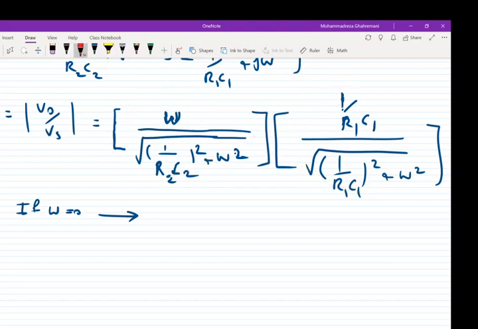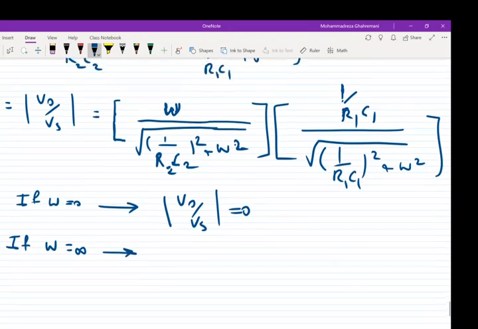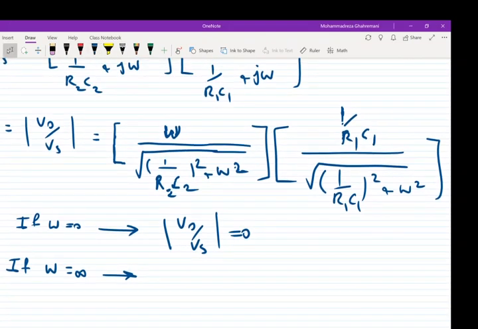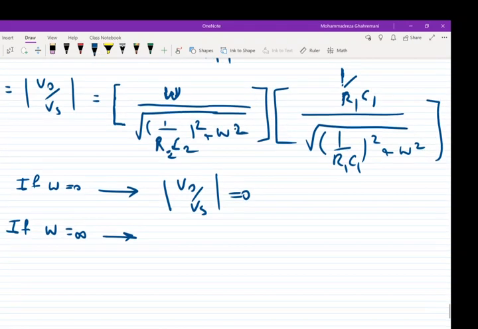So if omega is 0, Vo over Vs is equal to 0. If omega is equal to infinity, what's going on? If omega is equal to infinity, the second parenthesis will be equal to 0. So again, the total gain will be equal to 0.